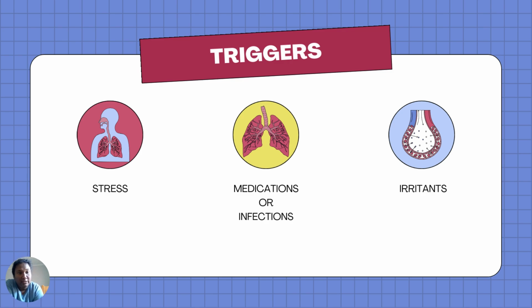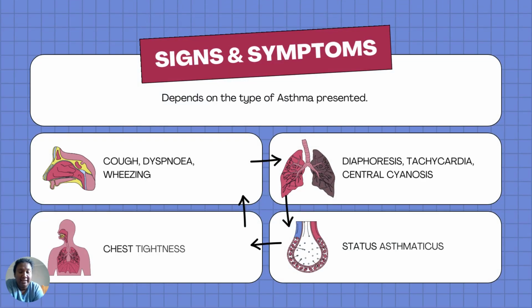All right, so let's move to the next slide that describes the signs and symptoms. Before we discuss the signs and symptoms, it's very important to know that it depends on the severity of asthma presented. So suppose you are a nurse or a student nurse or even a health worker who aspires to become a nurse, and you are dealing with a patient diagnosed with asthma.